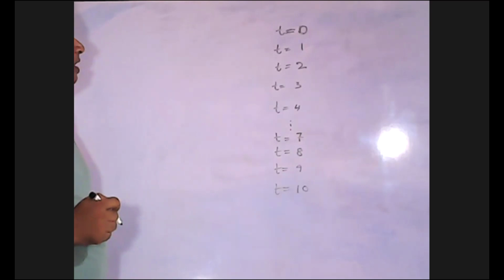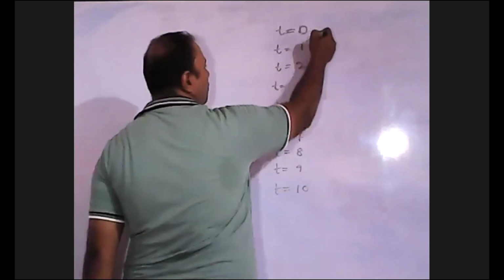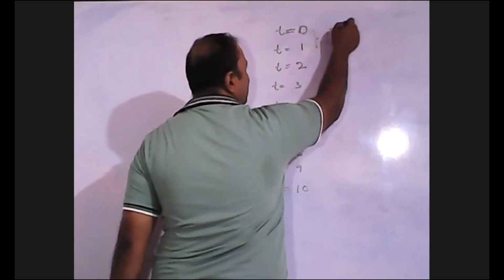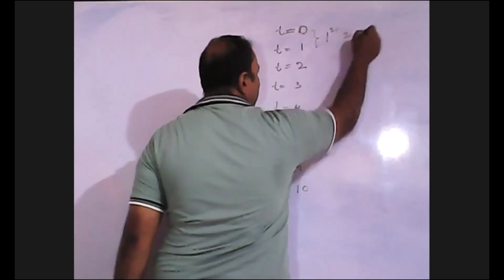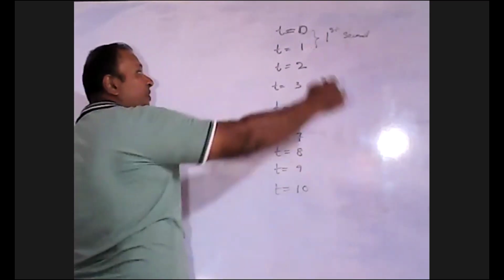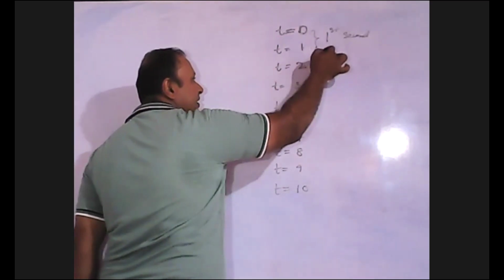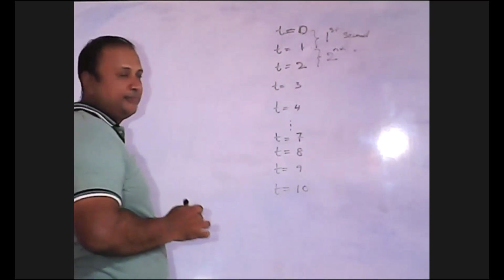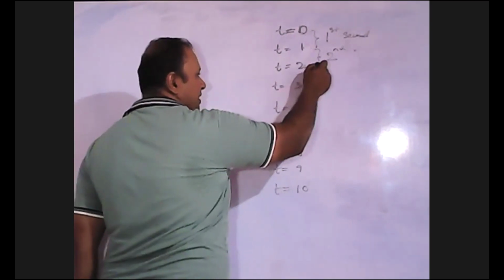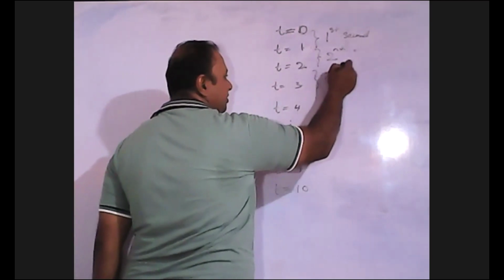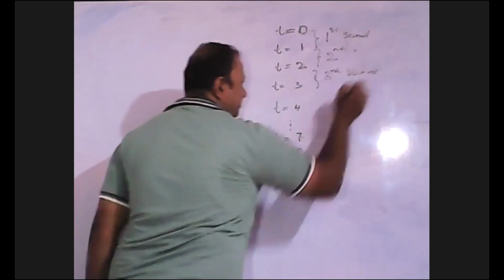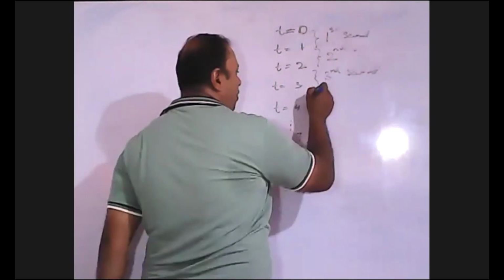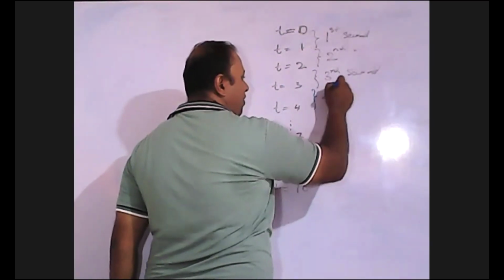That's it. So in between 0 to 1 means this is the first second. In between 1 to 2 means it is the second second. In between 2 to 3 means the third second. In between 3 to 4 means the fourth second.